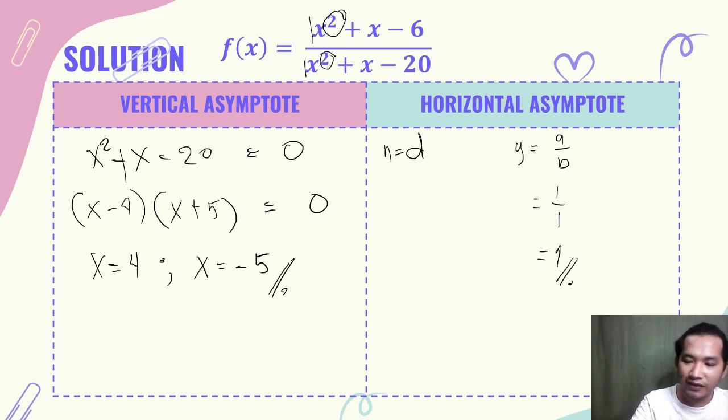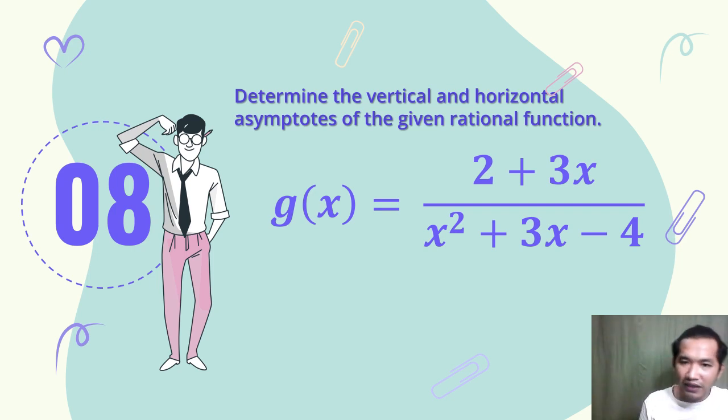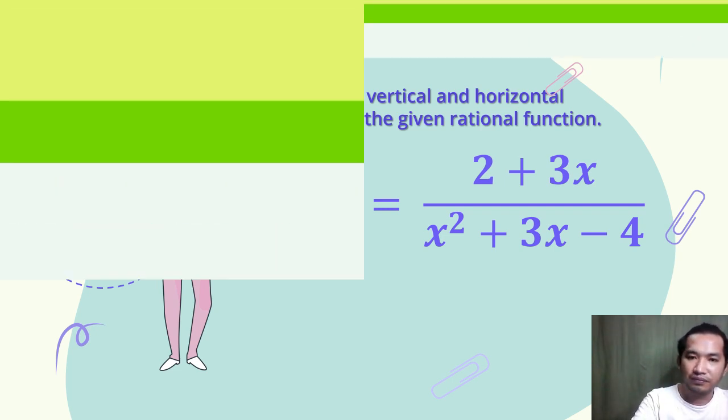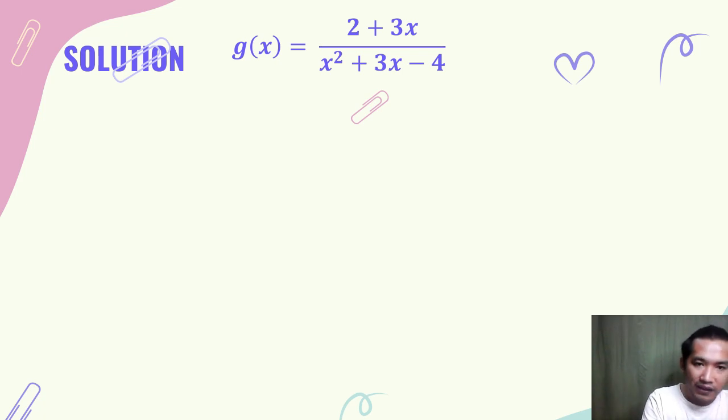Alright, so next, determine the vertical asymptote and the horizontal asymptote of the given rational function g of x is equal to 2 plus 3x all over x squared plus 3x minus 4. Okay, let's solve. For the vertical asymptote, we will equate the denominator to 0.